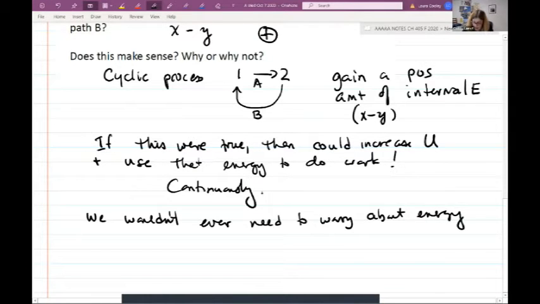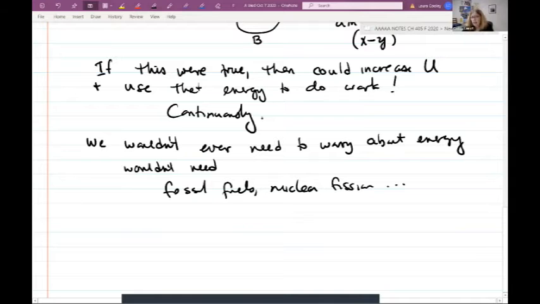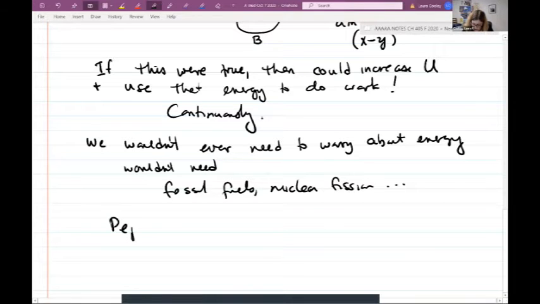Okay, that we wouldn't need fossil fuels. You know, all of these things. Nuclear fission, you know, anything that produces energy. Okay, energy would just be renewable just by doing this cycle over and over again. All energy would be renewable. So the extra energy could be used to move a car, to heat a room, or operate something we call a perpetual motion machine.